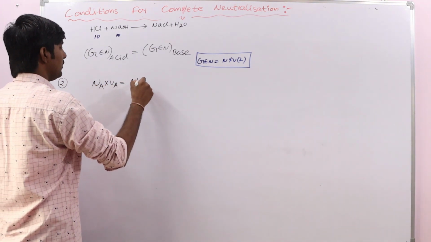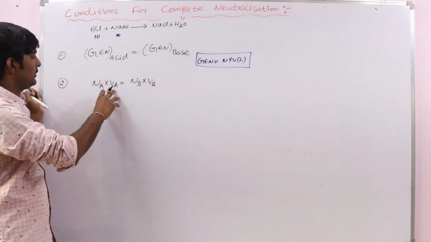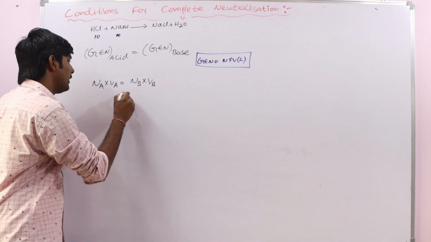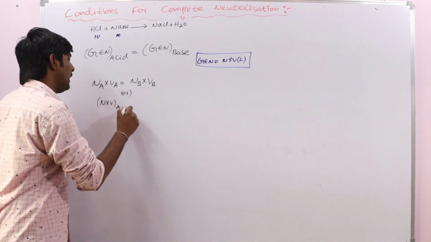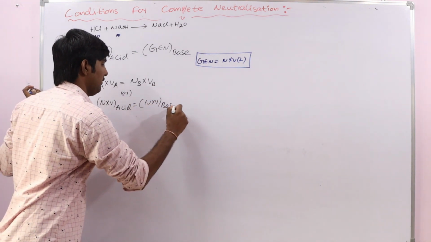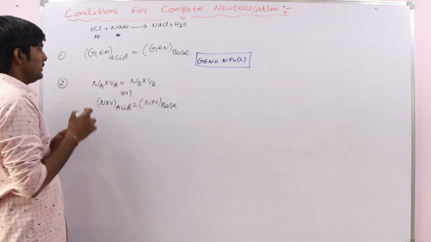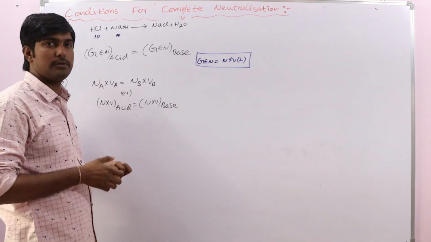So we can write NaVa is equal to NbVb, yes or no? Normality of acid into volume of acid, or you can write this as N into V of acid is equal to N into V of base, your wish. Okay, so depending upon the information given in the problem we have to use the suitable relation.